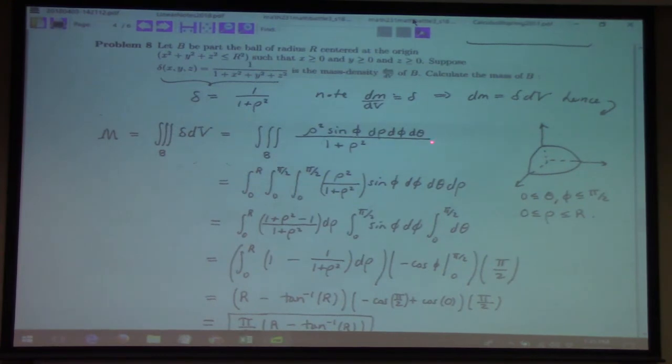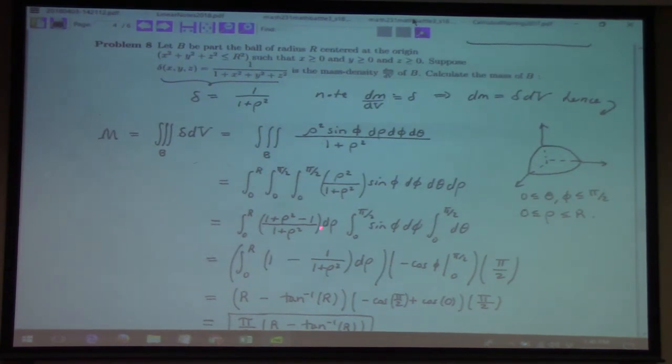And this is nice. There are rectangular bounds, the integrand factors into functions of rho, theta, and phi, respectively. So I can just multiply the respective integrals. That gives me pi over 2. This gives me 1, I think. Yeah, 1 times pi over 2.